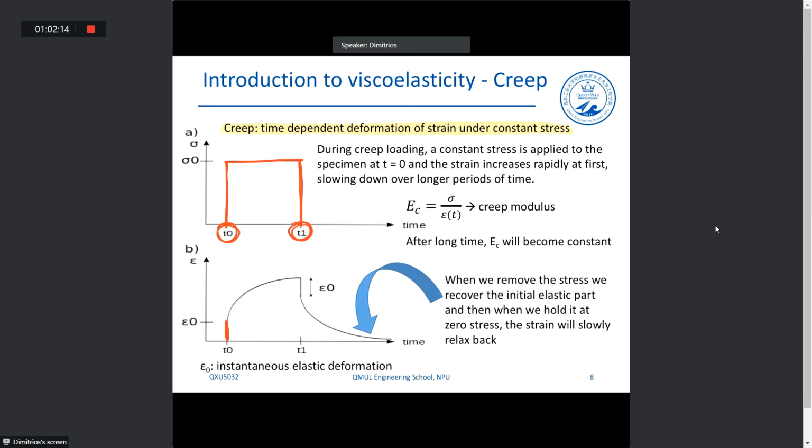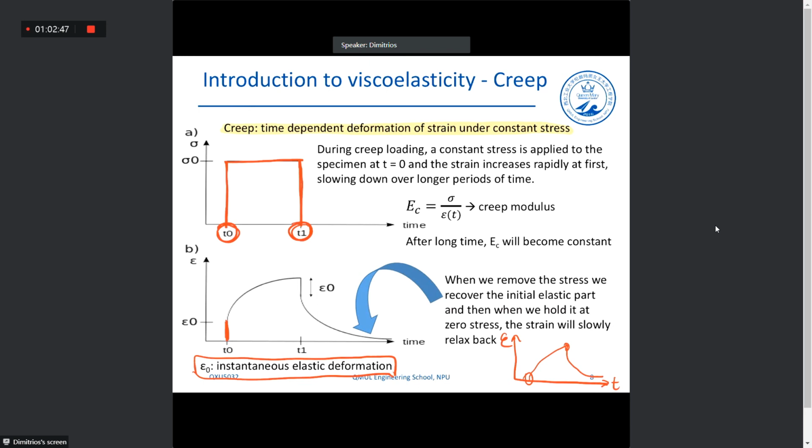Of course, here in this graph, it's slightly more highlighted. Generally, the instantaneous elastic deformation is much smaller than what it seems here, so it's not very obvious to see, but here it's more obvious in order to see.